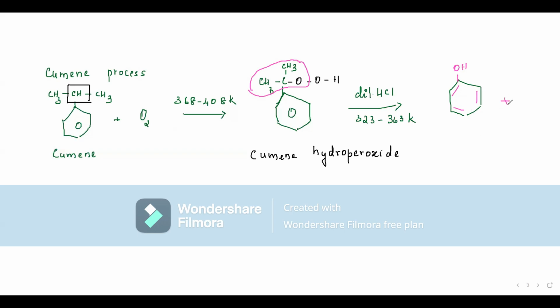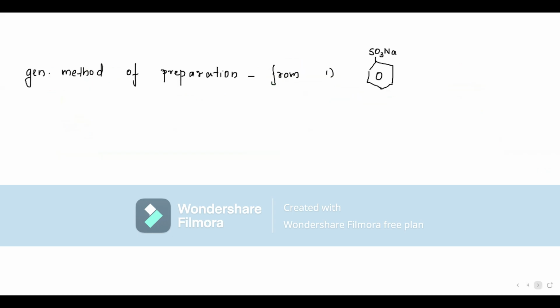So one of your products is phenol and the other product is CH3COCH3, which is acetone. This is industrially very important because you are preparing two important organic compounds, phenol and the same amount of acetone. So that is the cumene process, one of the important industrial methods of preparation of phenol.